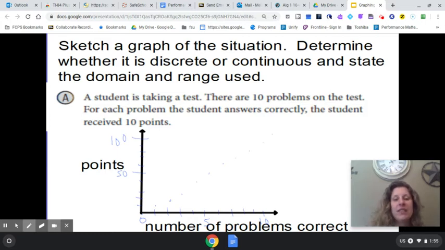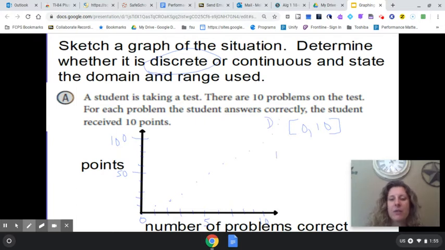So it is discrete. And then domain, those were the x values. So our domain is going from 0 to 10. And our domain would include both 0 and 10. So if I write that in interval notation, that's my domain.